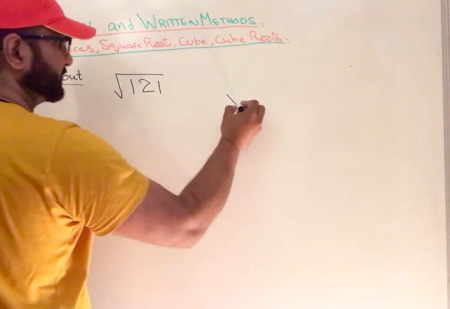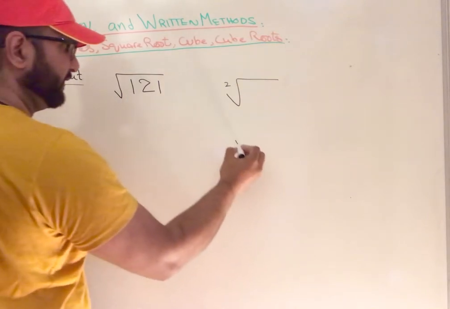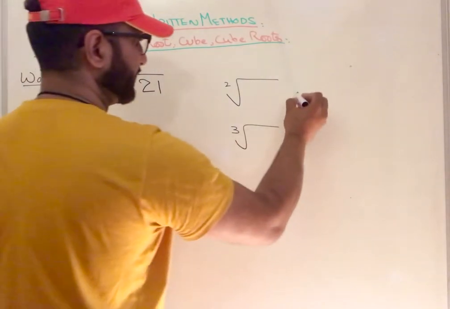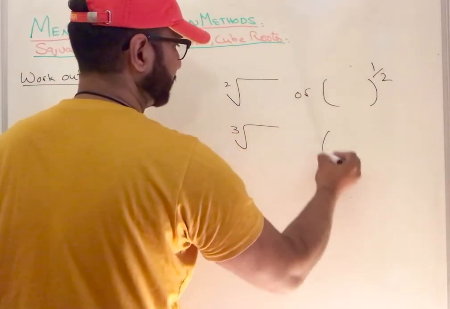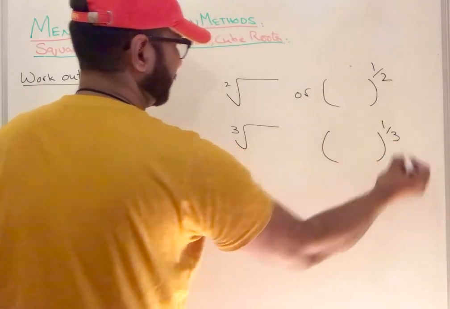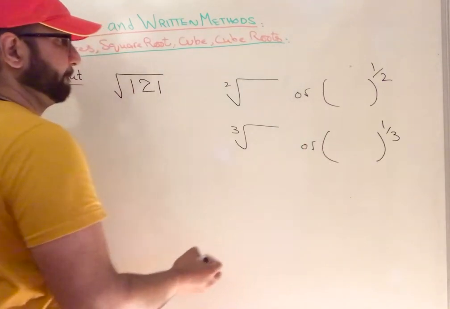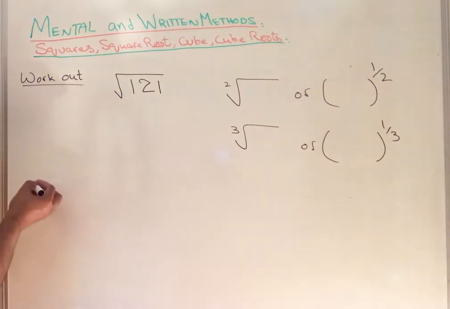If they write it like that, that means cube root. Or sometimes they will write it like that, or like that. Same thing. Anything in here will be the reciprocal of a value. What value is it? So 121. What is the square root of 121?